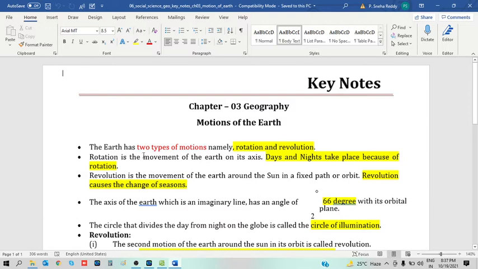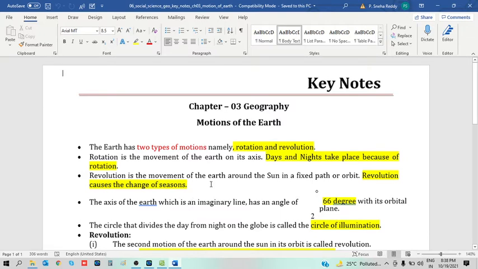The earth has two types of motions, namely rotation and revolution. Rotation is the movement of the earth on its own axis. This rotation causes days and nights. Revolution is the movement of the earth around the sun in a fixed path or orbit.